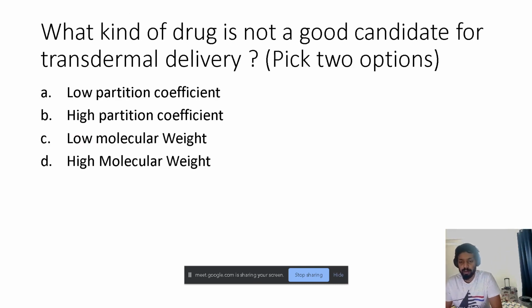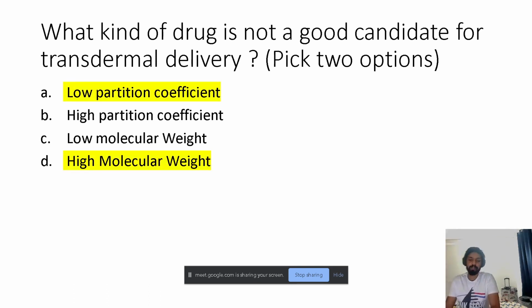Okay. What kind of drug is not a good candidate for transdermal delivery? Pick two options. Low partition coefficient, high partition coefficient, low molecular weight, high molecular weight. Sir, option A and D probably. Yeah. Okay.